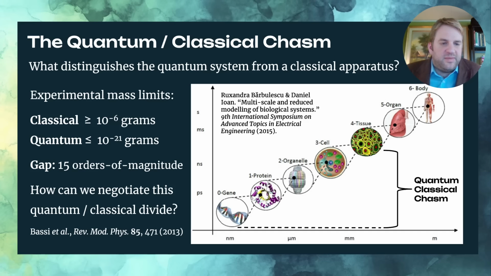Whereas quantum effects can be expected to ultimately govern the dynamics of our system for very small objects on the scale of about a zeptogram or less. That's 10 to the power of negative 21 grams. So for a physicist, you can see right away there are 15 orders of magnitude gap between the kinds of systems we can treat as decisively classical and the kind of systems that we should consider unequivocally quantum. And so the question of how to negotiate this quantum-classical divide, as I mentioned, is still unanswered.